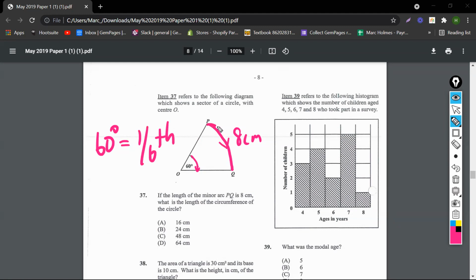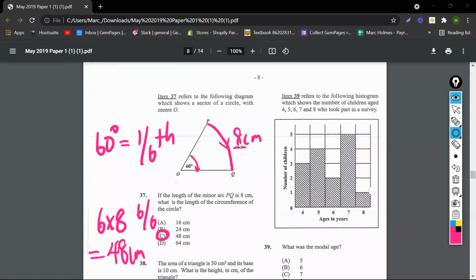So if 60 degrees out of the circle gives an arc of 8 centimeters, then 6 times 8 would give you the circumference for the entire circle, because that would give you 6 out of 6 for the whole circle. So 6 8's are 48 centimeters, guys, and C would be the answer for the circumference of the whole circle.